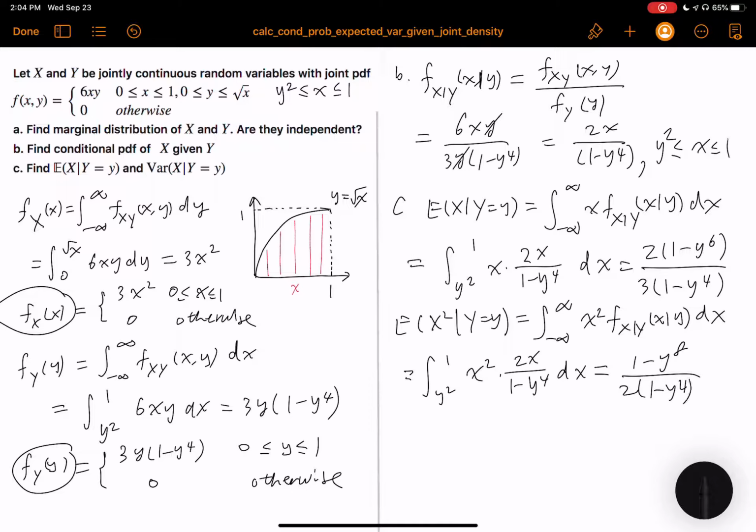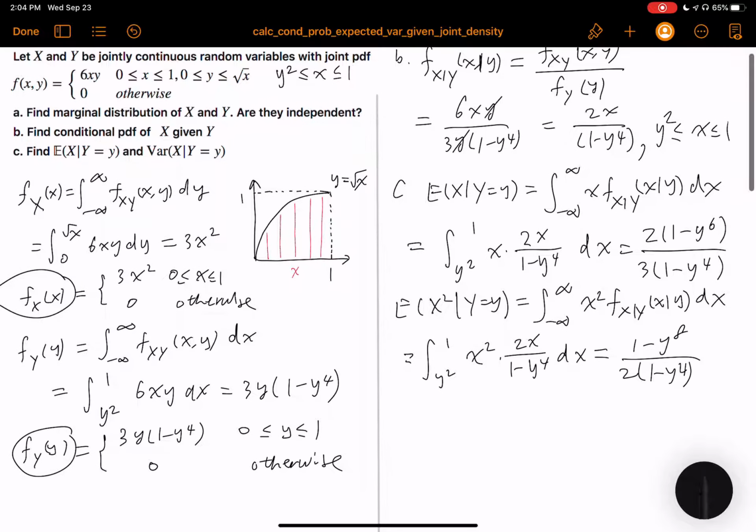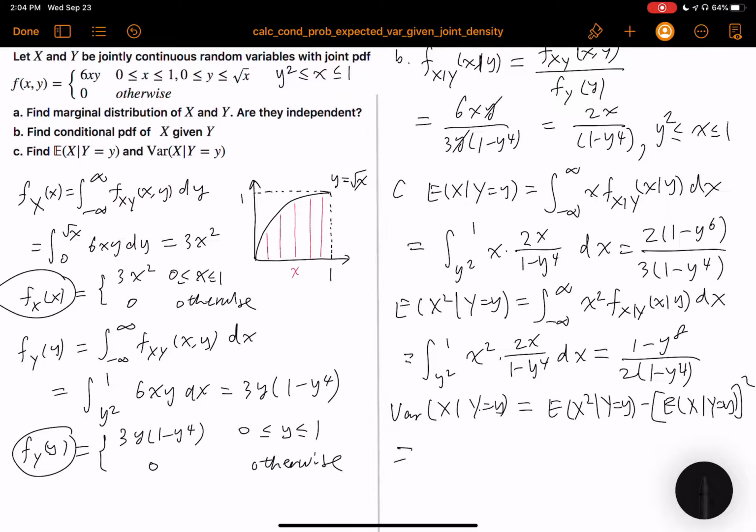Now we're ready to calculate the conditional variance. So the conditional variance of x given y equals y is equal to the expected value of x squared given y equals y, minus the expected value of x given y equals y, squared. We already calculated the expected value of x squared given y equals y.